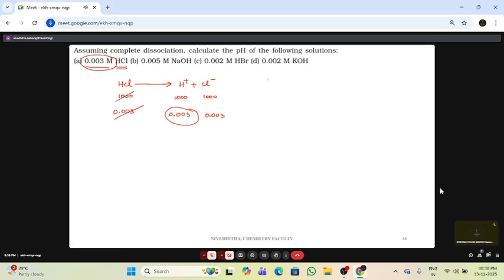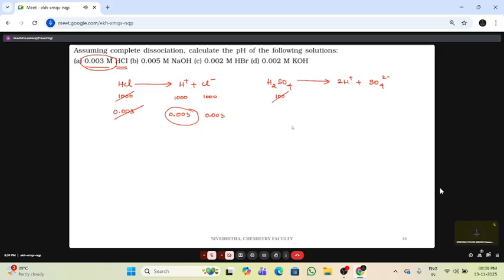For example, I have sulfuric acid. Upon complete dissociation, how will sulfuric acid, H2SO4, get dissociated? It will get dissociated into 2 times H plus and SO4 2 minus, right? So if I take 100 molecules of sulfuric acid, upon complete dissociation, how many H plus ions will I have?